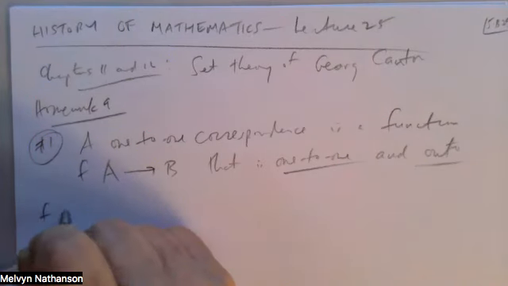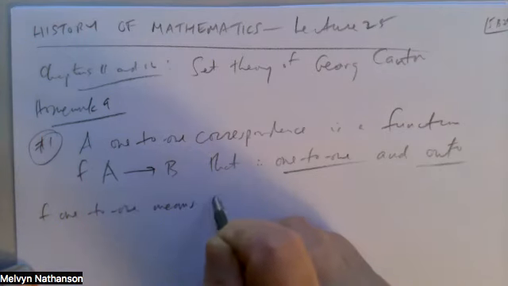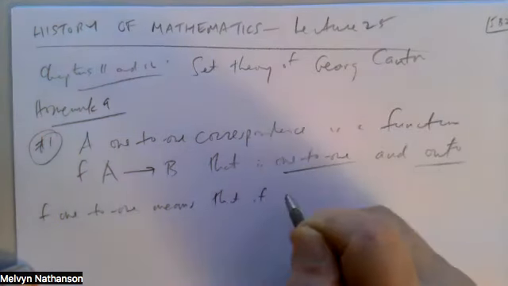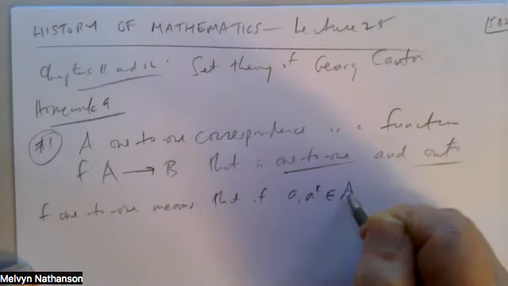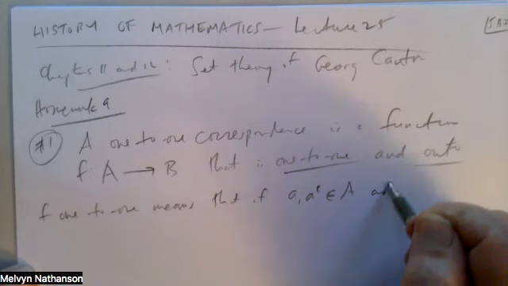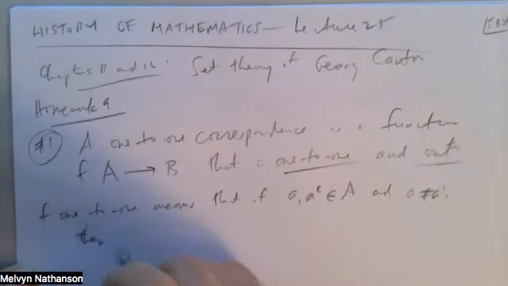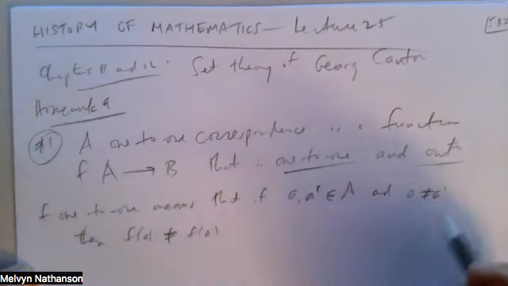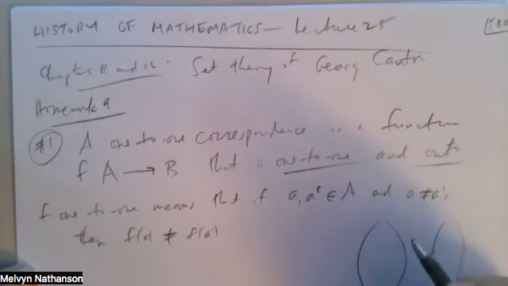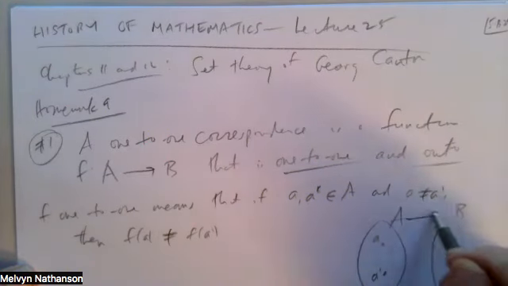So f one-to-one means that if a and a prime are in the set A, the symbol means in, and a is different from a prime, then f of a is different from f of a prime. So the usual picture is, here's the set A, here's the set B. Here we have two elements, a and a prime, that are different.